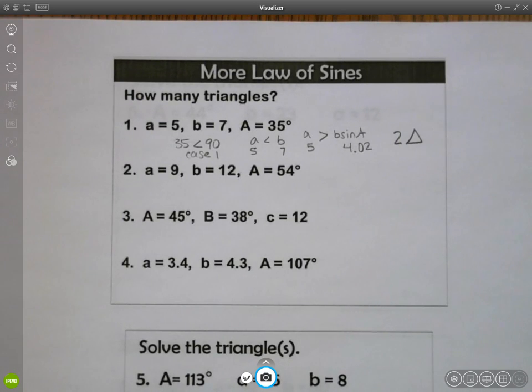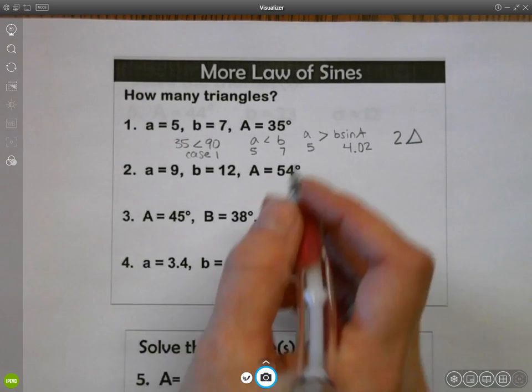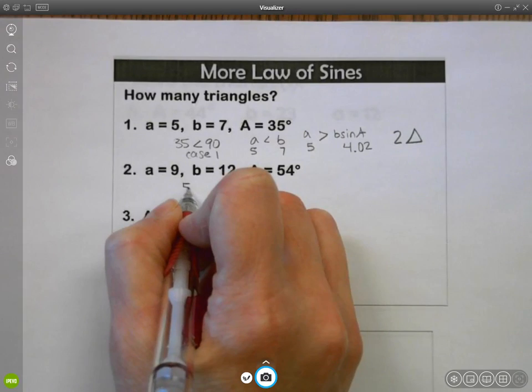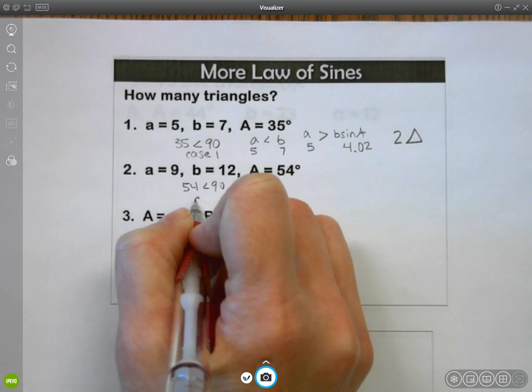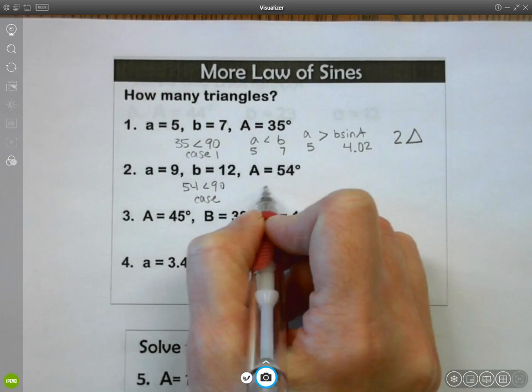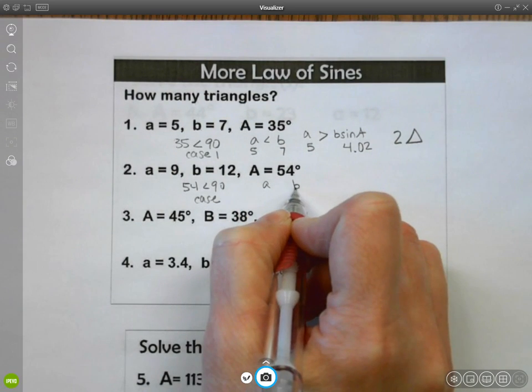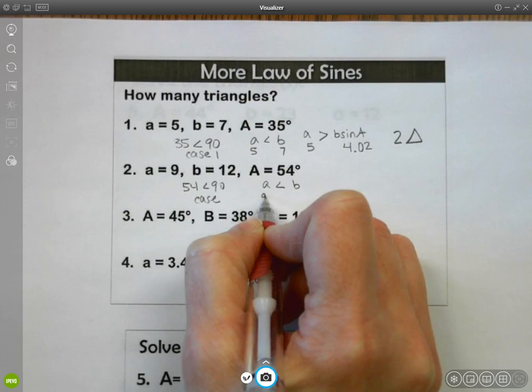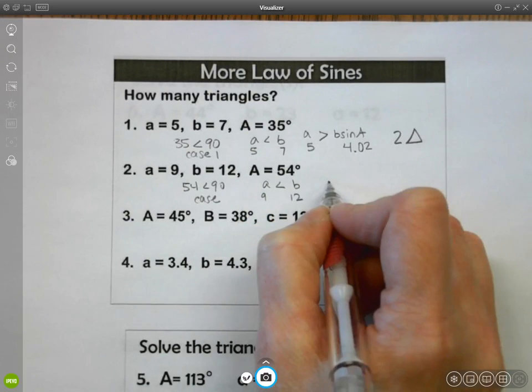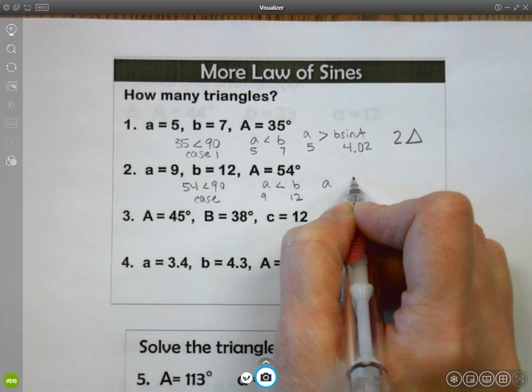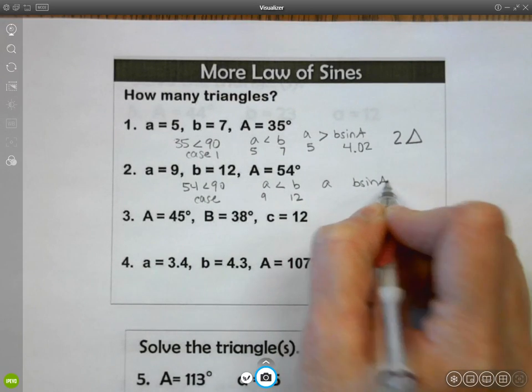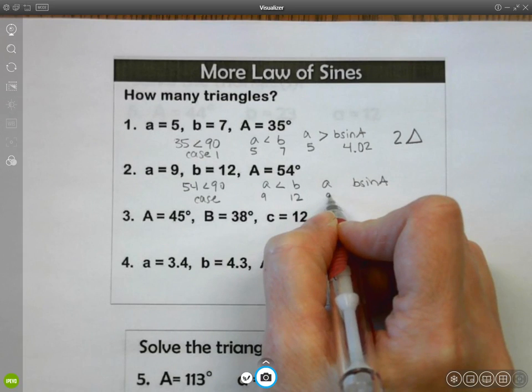All right, so number 2, your angle, the one angle that you're given, is less than 90. So again, that's case 1. So we look at side A compared to side B, and again, we get less than because 9 is less than 12. So we have to compare side A to the height of the triangle, so B sine A. So again, side A is 9.